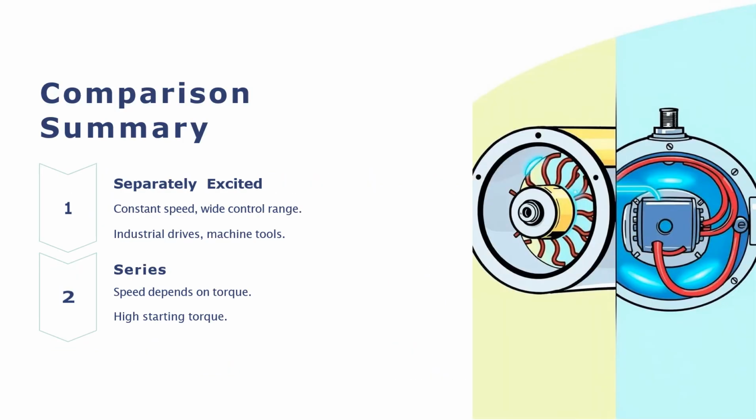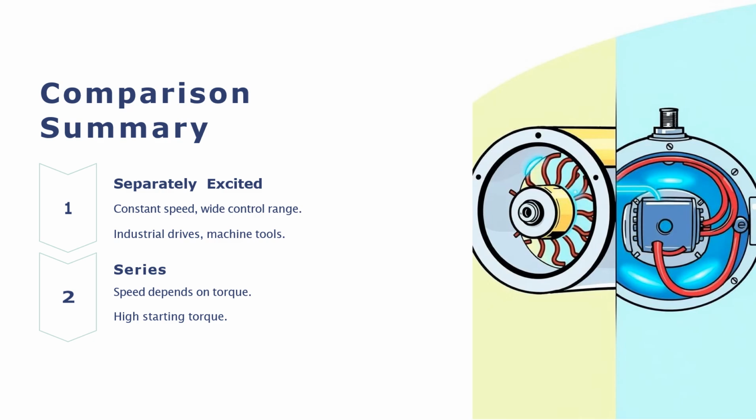Let us summarize the key differences between these two types of motors. In the separately excited DC motor, we have constant speed under varying loads, wide speed control range, and these motors are ideal for industrial drives and machine tools.